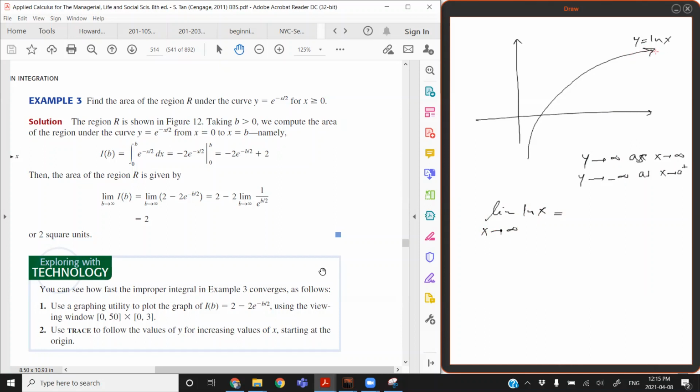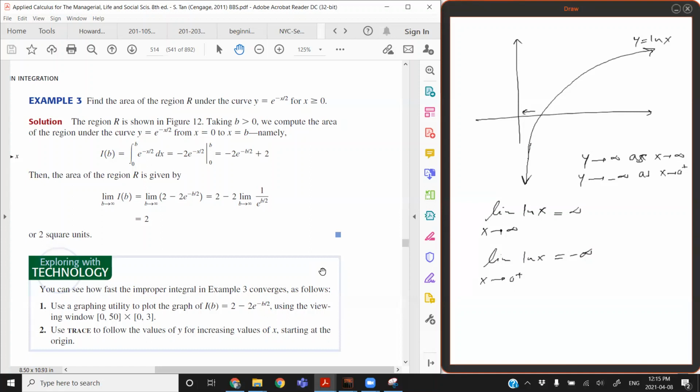As x gets bigger, y also gets bigger, and it approaches infinity. But if you take the limit of ln of x as x approaches 0 from the right, that is if you're here, and x approaches 0 from the right, what happens to the y value? It's going to go down to negative infinity. Make sense?